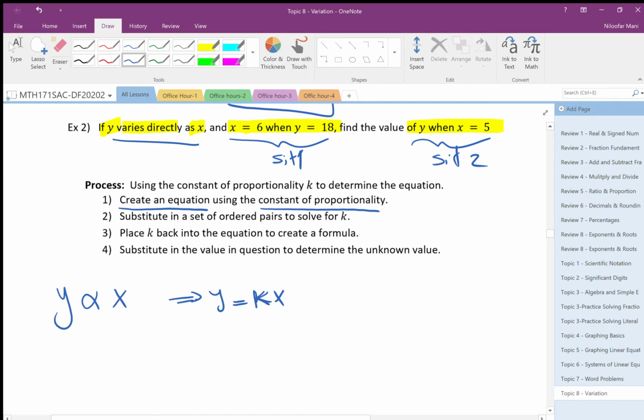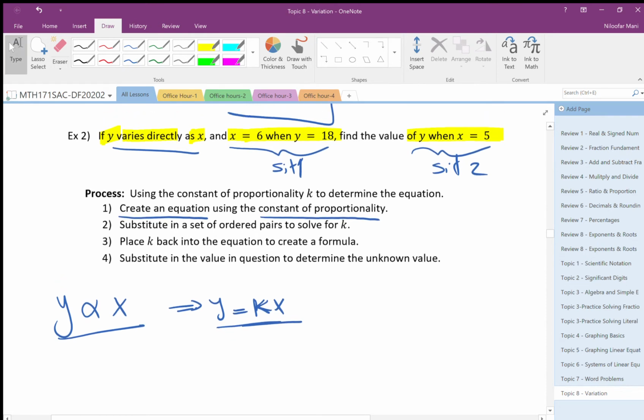First you start from the expression, and that's just the equation here. You write it, then substitute the first situation to find k. Remember k is constant, that doesn't change. So when I use k for the first situation, I can use k for the second situation as well.